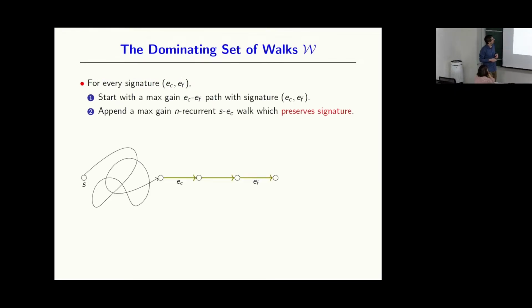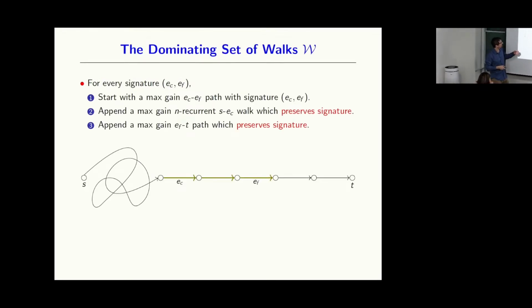Okay. And roughly speaking, this then allows me, once the process has stabilized, it tells me that I did this replacement of finding the maximum gain path between the end of this arc and the beginning of this arc, and that didn't change the global signature.